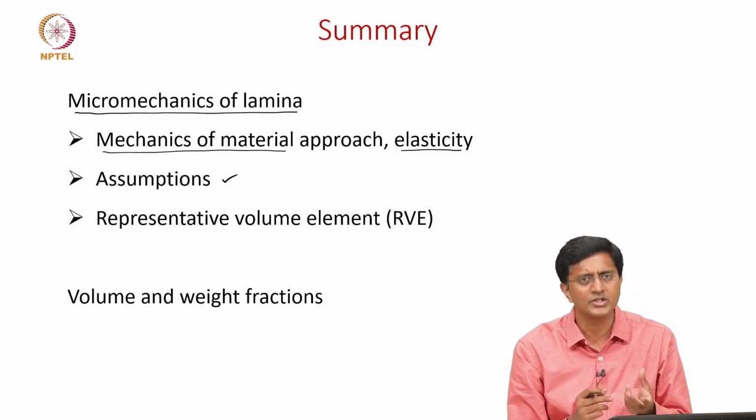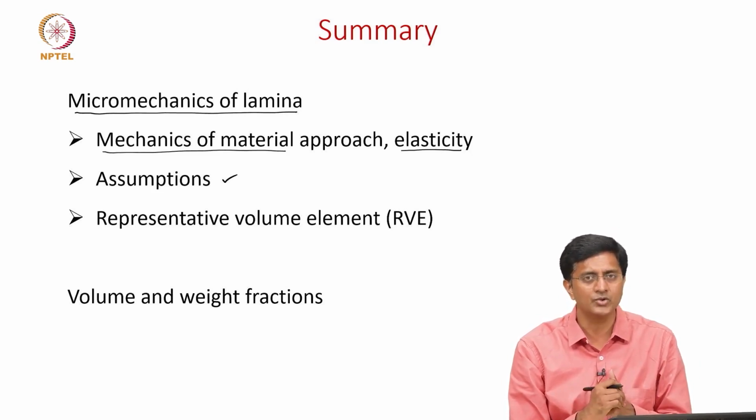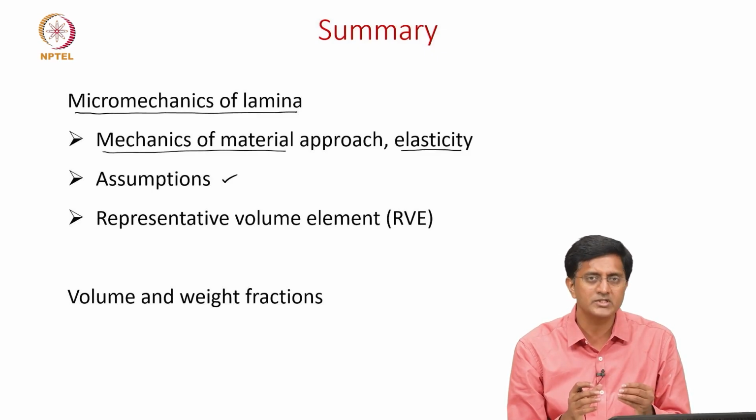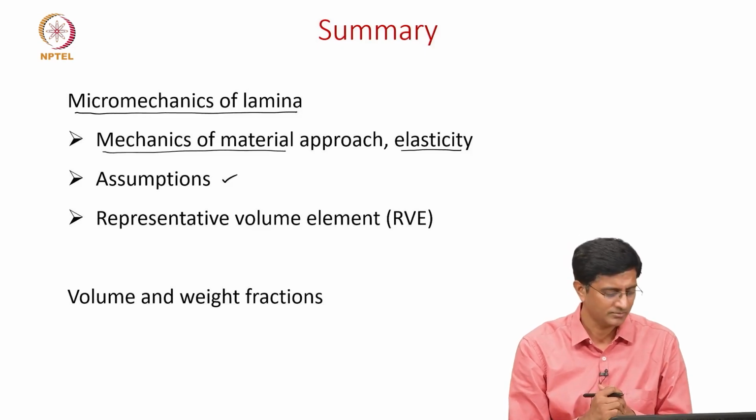We also mentioned void-free matrix materials. Some of these assumptions are not exactly true, but we go with them because they make our analysis simple, and later we'll see the expressions are not too far from the experiments.